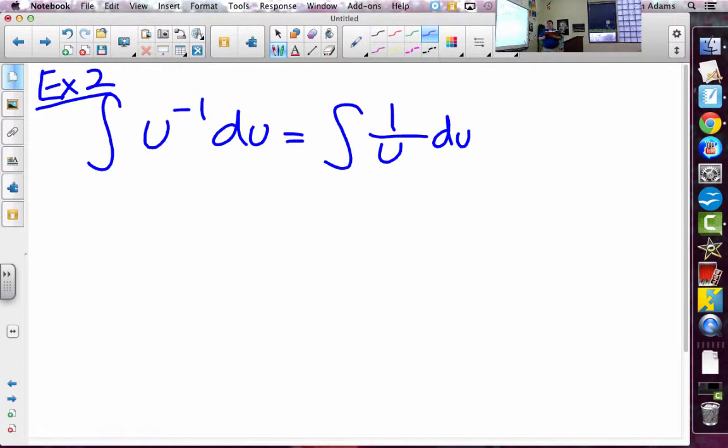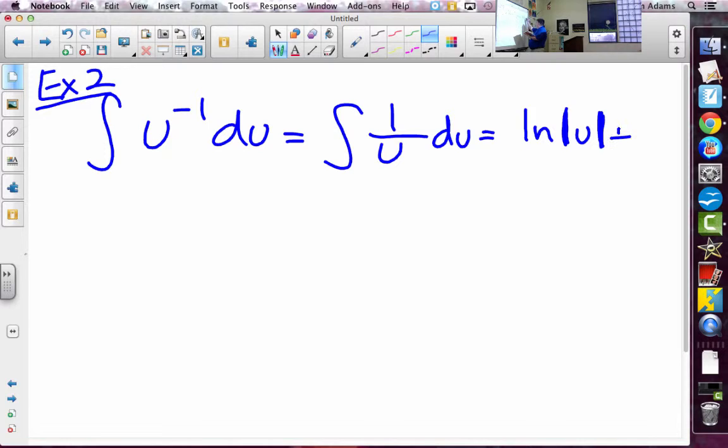Now to do the antiderivative of that, it's challenging because you literally have u to the negative 1. But remember, if I were to take the derivative of the natural log of u, I get 1 over u du.